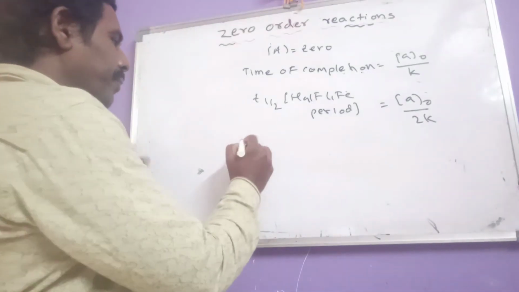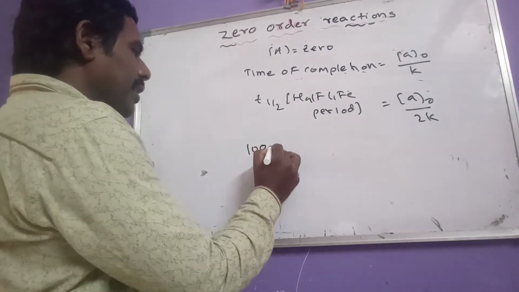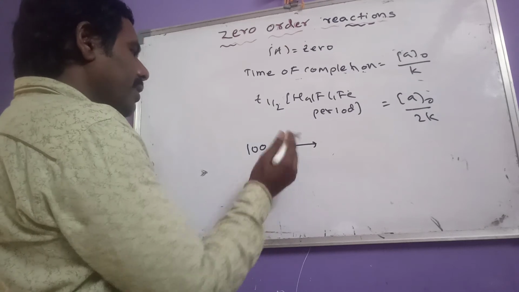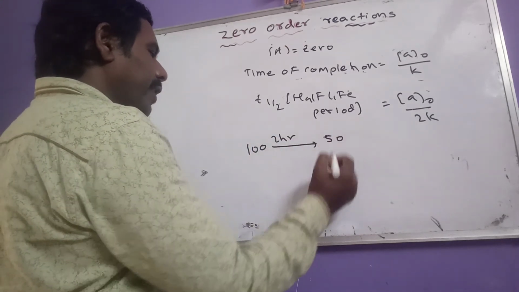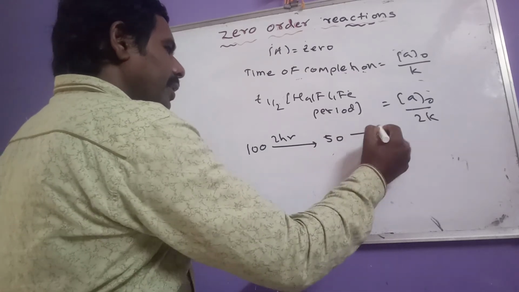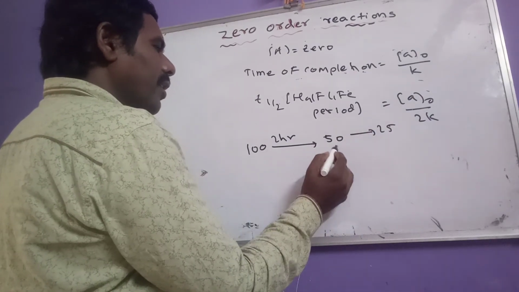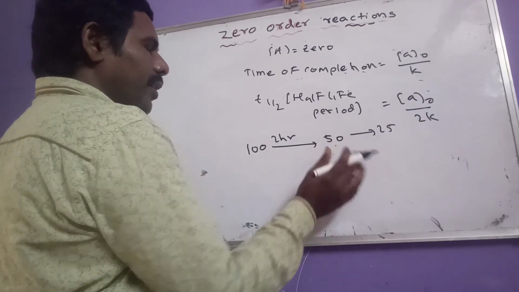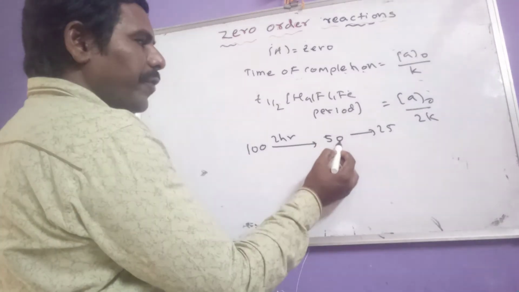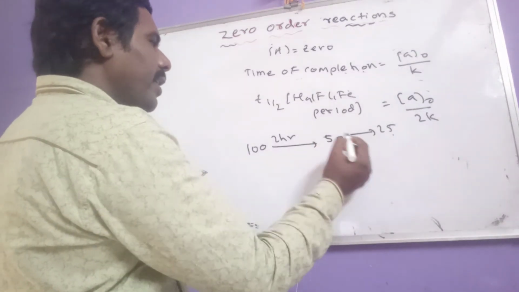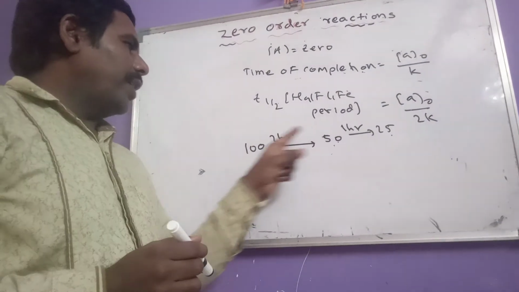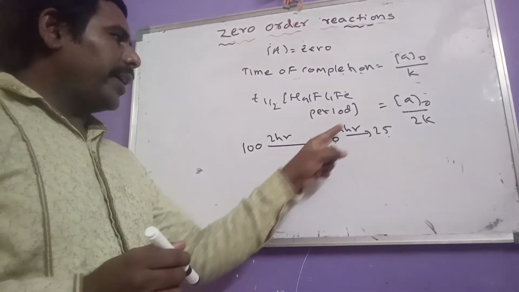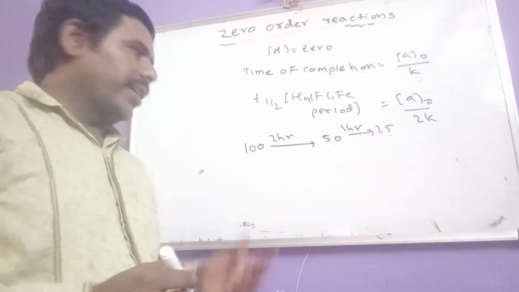That means, 100 grams of initial amount of substance, for example in 2 hours it became 50 grams. The time required for the change of 50 grams to 25 grams is 1 hour, because half life time is directly proportional to initial concentration.